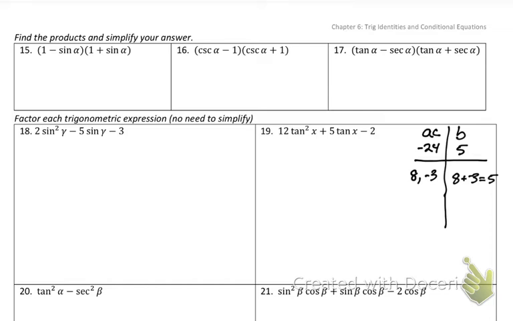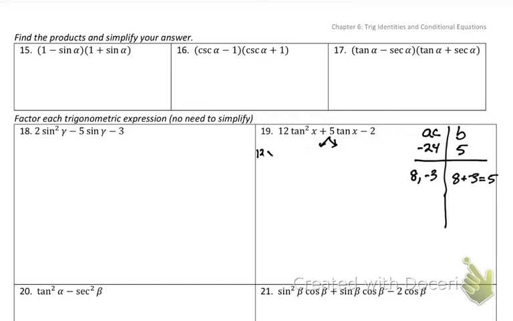All right, now the whole point of pulling out that 8 and negative 3 is that we are going to break apart that middle term. So I'm still going to have that 12 tangent squared x, but instead of 5, I'm going to have a plus 8. Actually, do you mind if I change these to x's right now, just so I don't run out of room?